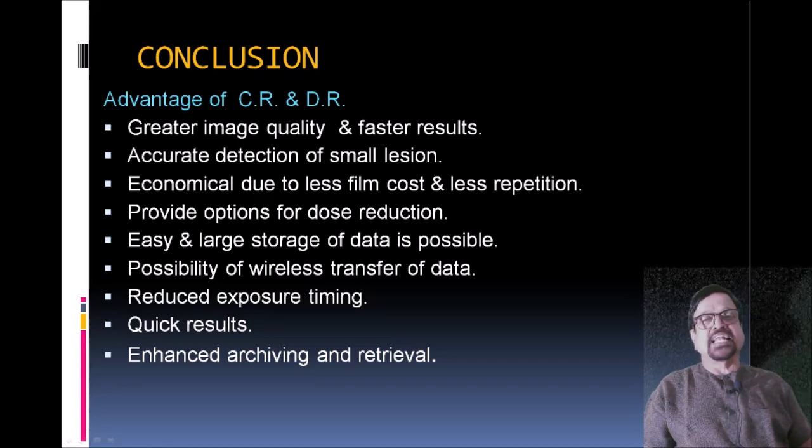And we have also seen the latest advance in the field, that is DR, which is required for a busy department, but has limited value for smaller or low volume departments.